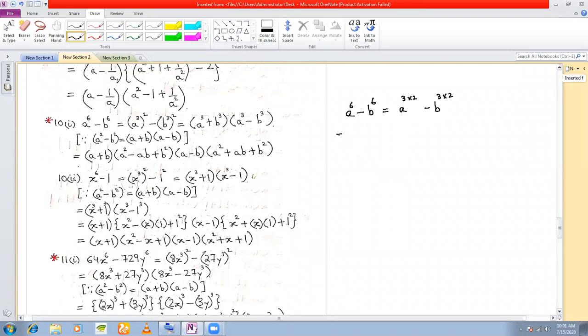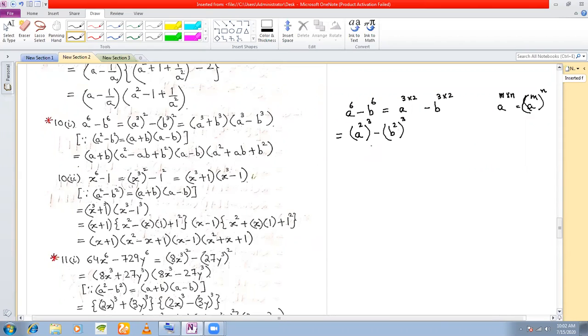Now see, from the laws of indices or exponents, e to the power of m into n is e to the power of m whole to the power of n. You have already done this, right? Yes, sir. So I can write this as a square whole cube minus b square whole cube.